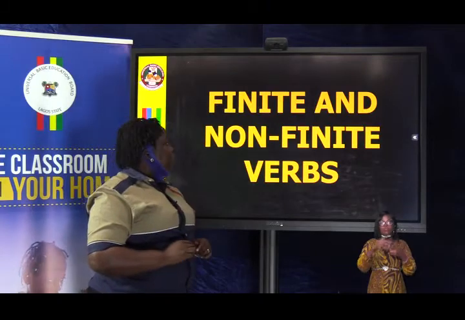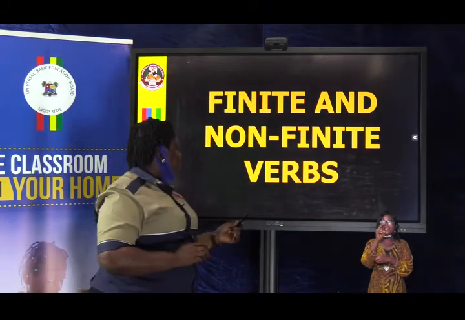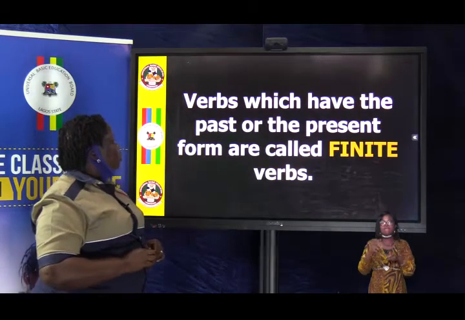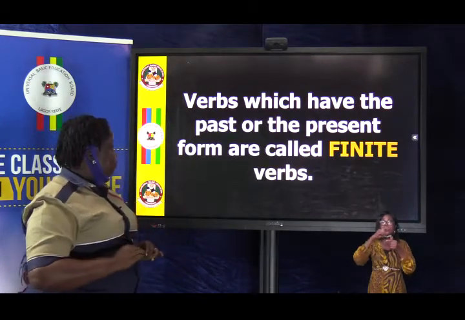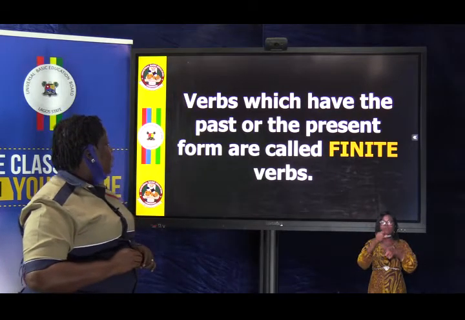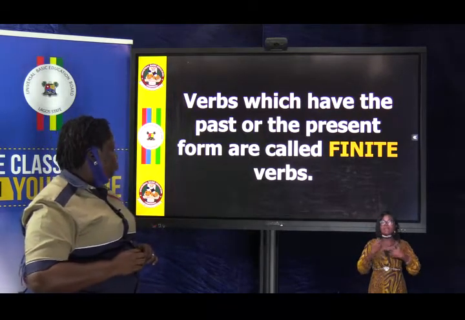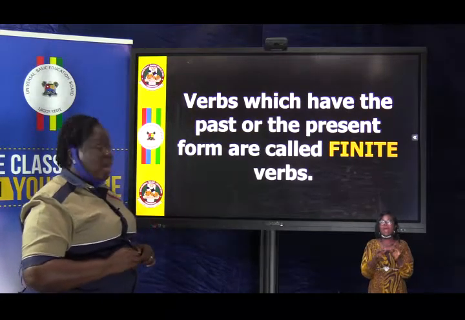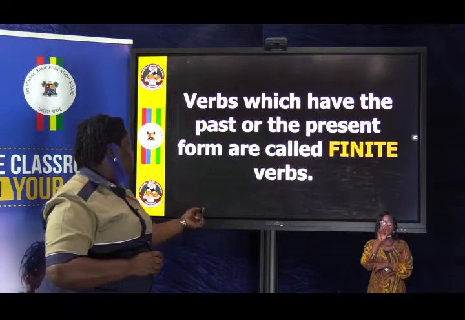Now we're moving to the finite and the non-finite verbs. When we talk about finite verbs, we say they are verbs which have the past or the present form. Verbs which have the past or the present form are called finite verbs.